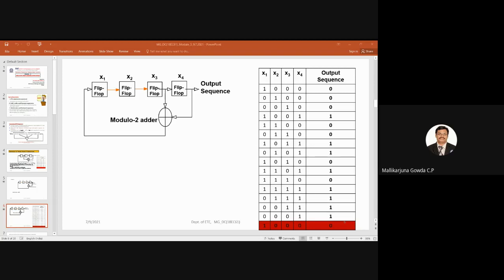This is the second state, whatever I've written here. The next state: again 0 XOR with 0 will be 0. That means this will be the second state. You will not get the last state as all 4 ones. Okay, you are taking 0001 as the initial state now, so it will go here first. That means the last state will be 0011.